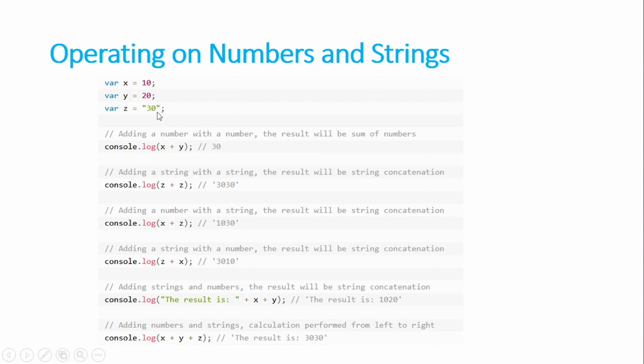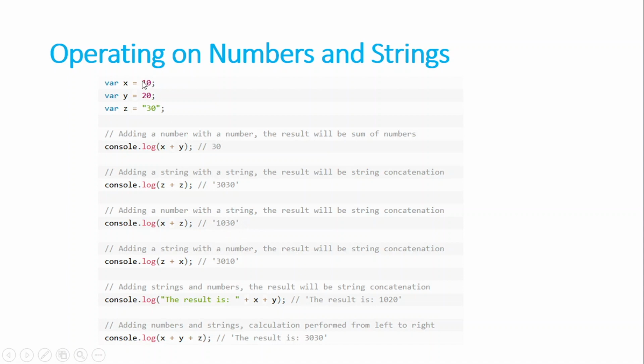But if we add two strings, let's say z and z, you know from the previous chapters that when we add the plus symbol between two strings, they are concatenated. So that's why we can see 3030. This is the concatenated or joined result of both the variables z and z. Now adding a number with a string. If we add a number with a string, it will still concatenate the number, not add it.